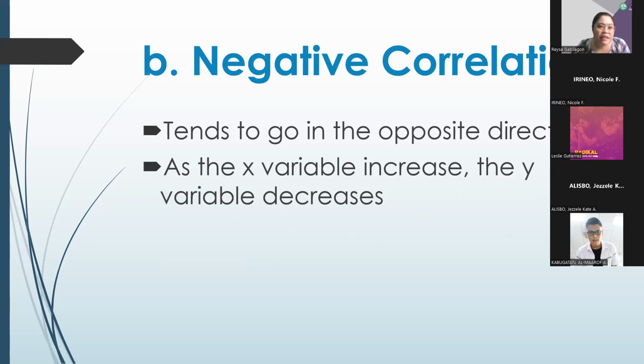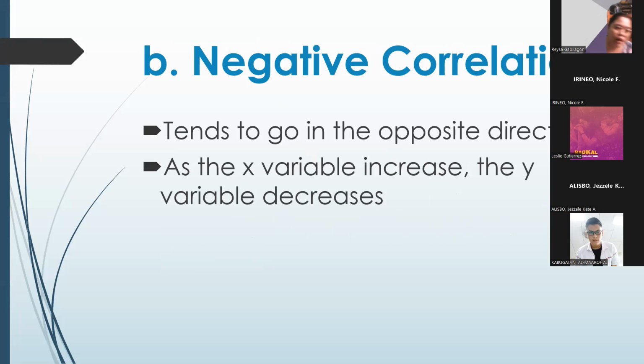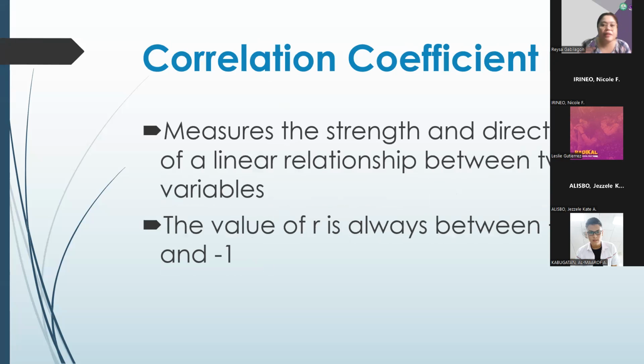So they go in different directions. This is called the direction of the relationship. So just look at the r value and see what its sign is, positive or negative. That's clear. Do you have questions so far?